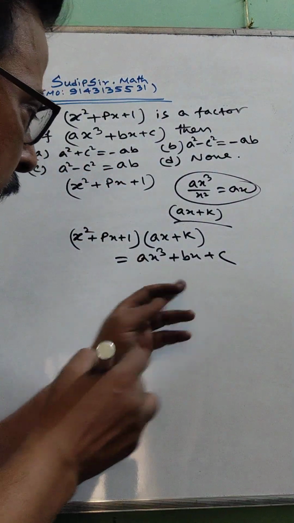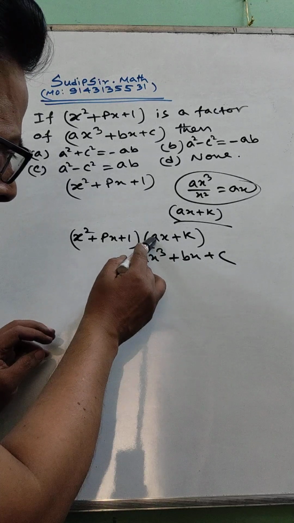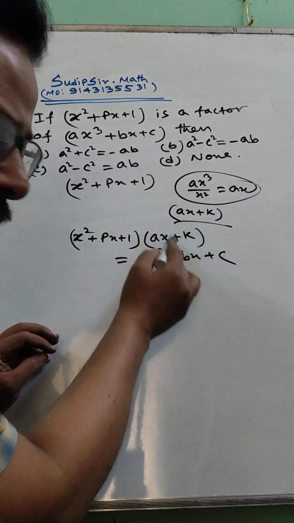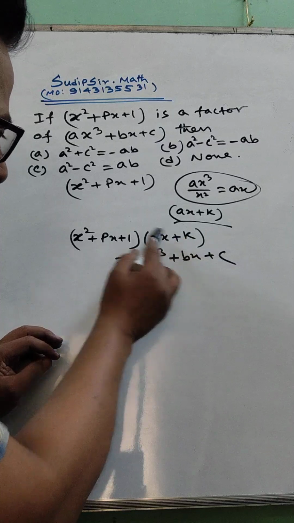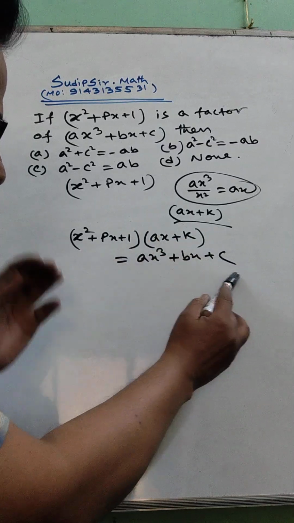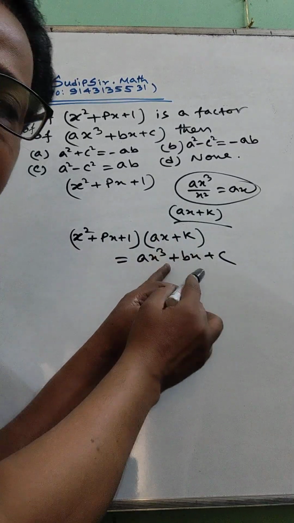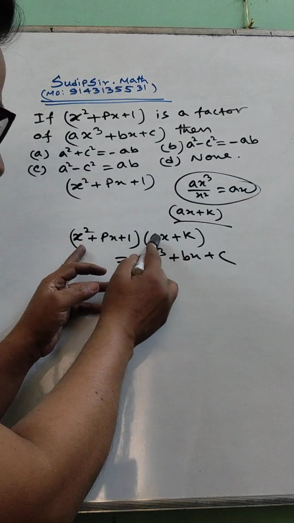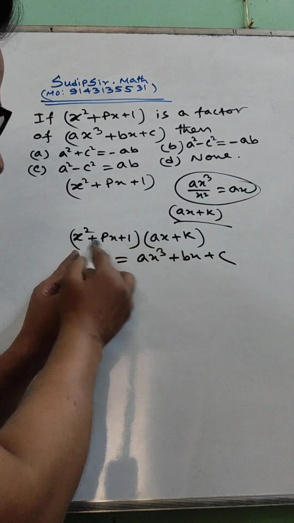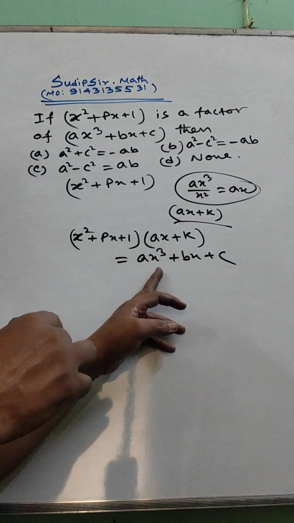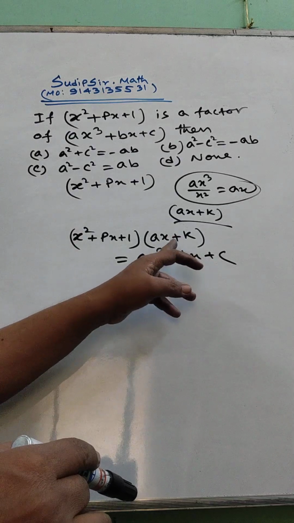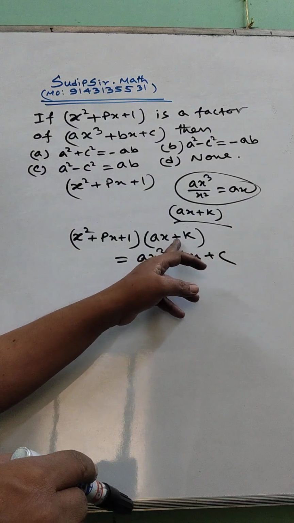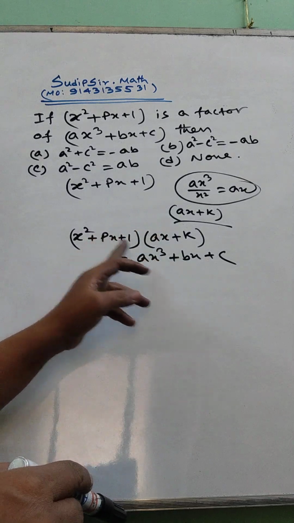That's why we require this linear factor to multiply to get this.